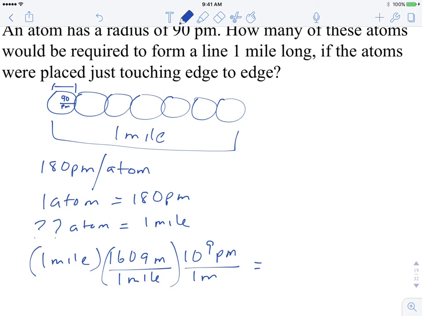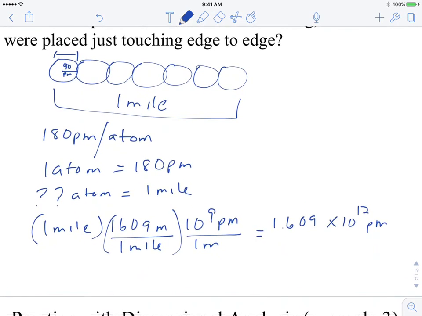And when I do this, I'm going to get 1.609 times 10 to the 12th picometers. This is how long my distance is.